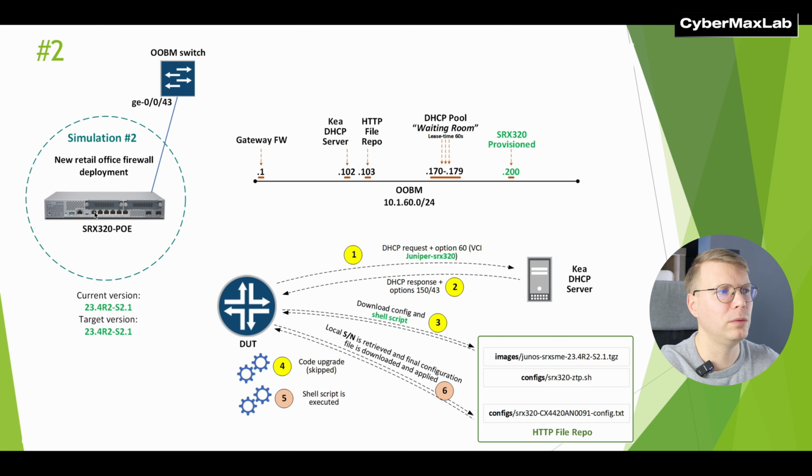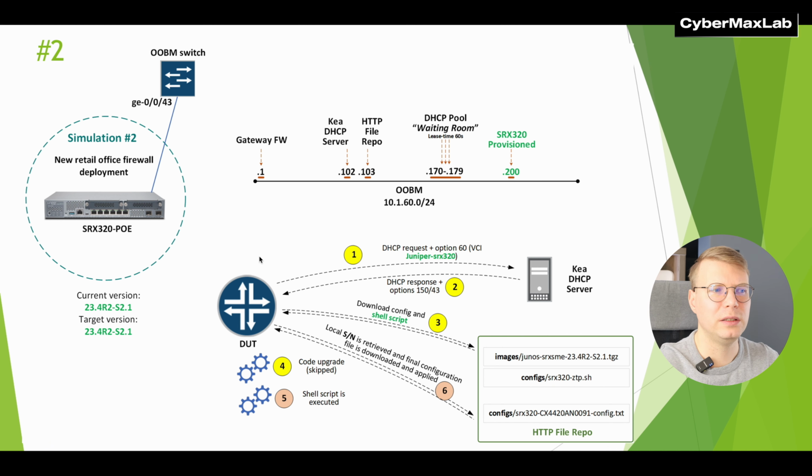So we will be using it as management, and currently our next step will be connecting it to the out-of-band management switch, basically bringing this interface up on the out-of-band management switch. Out-of-band management is very similar, so the SRX will land in the waiting room, and after it is finally provisioned, we'll assign it that 200 static address.